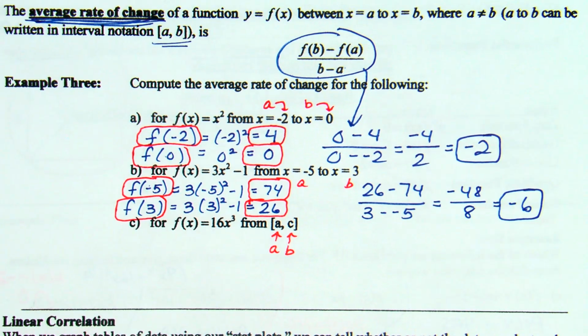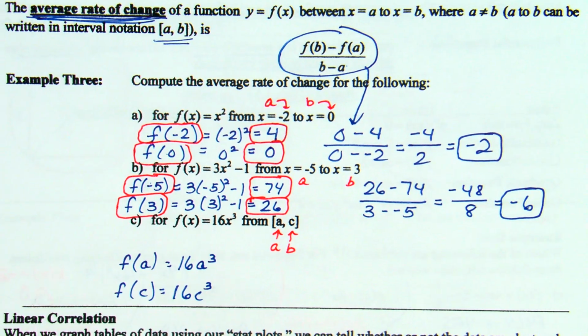So we say f of b minus f of a, so we're going to do f of c minus f of a, so it's going to be 16c cubed minus 16a cubed over, instead of b minus a, it's going to be c minus a.